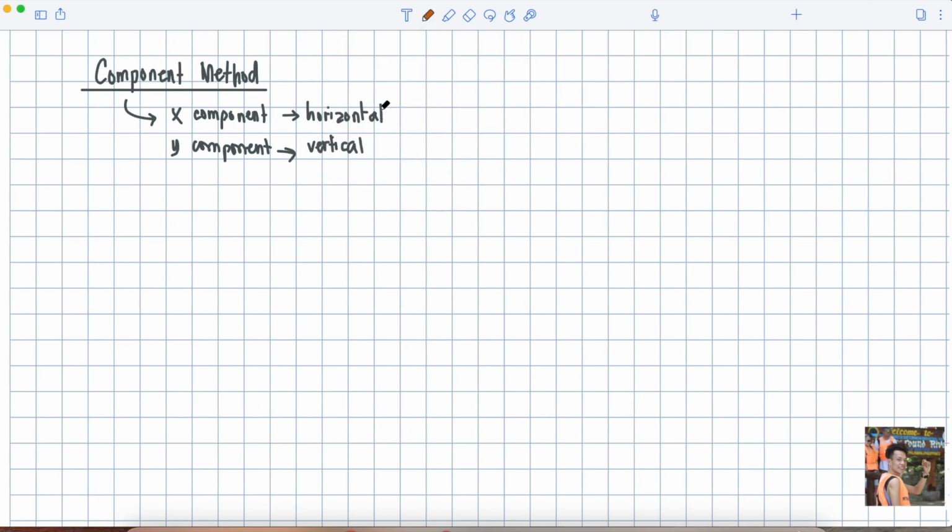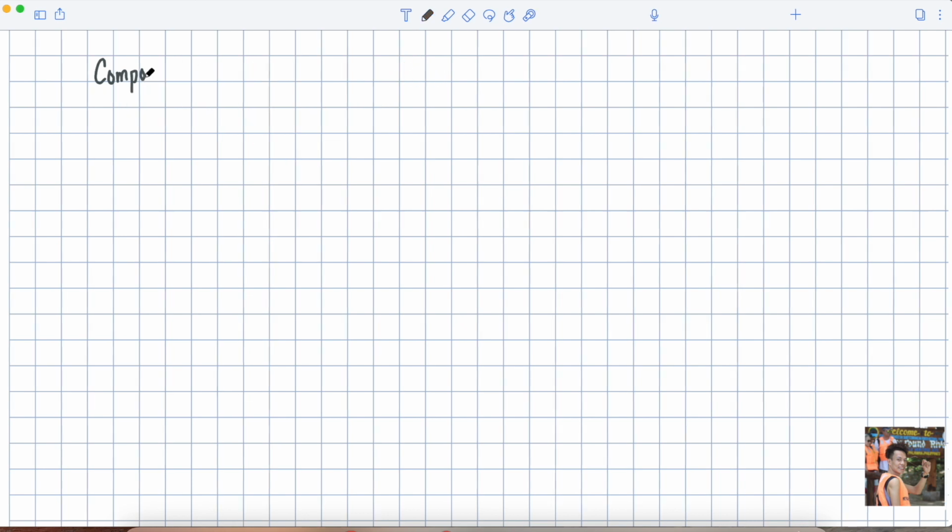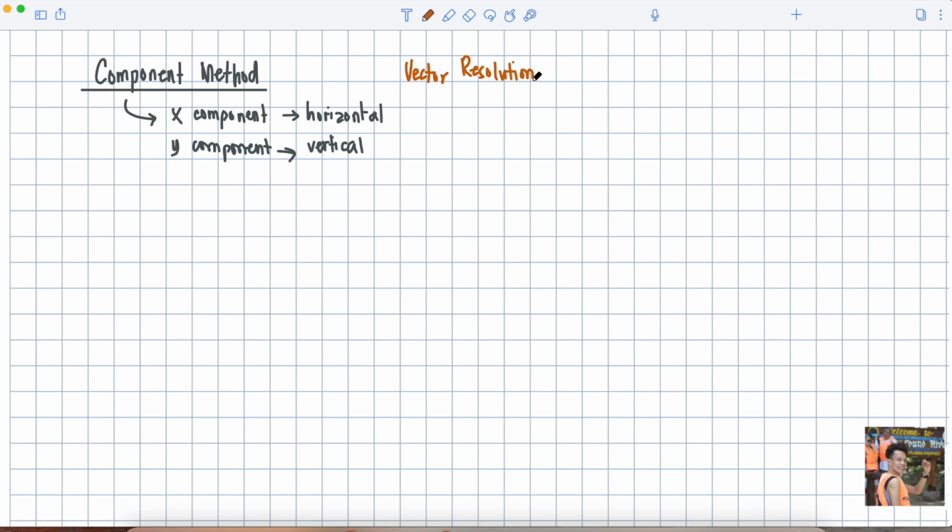Now, we discussed in the vector resolution that we could get the components of the vector by using the SOHCAHTOA.